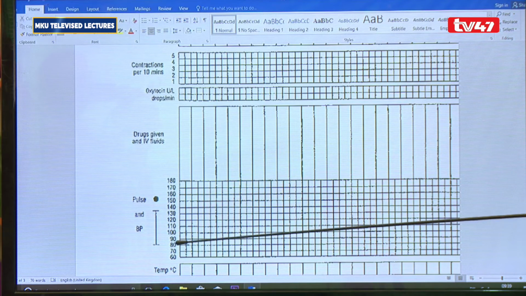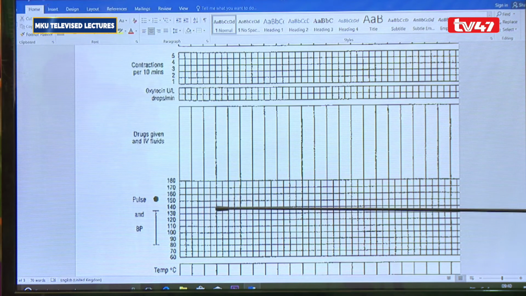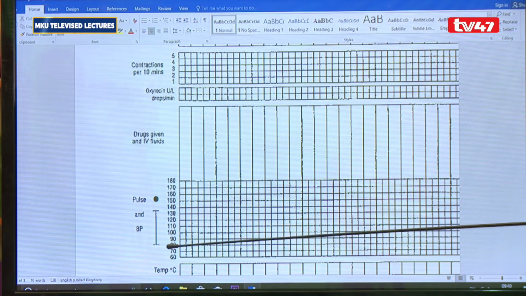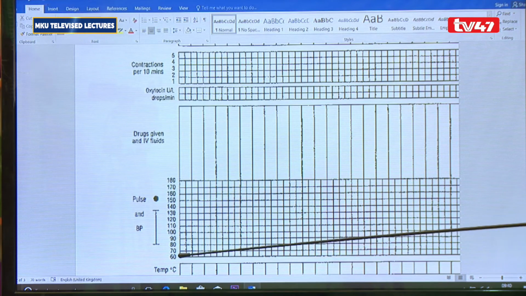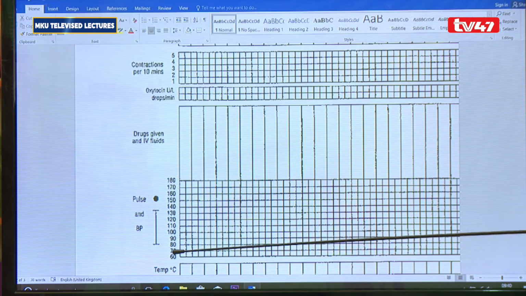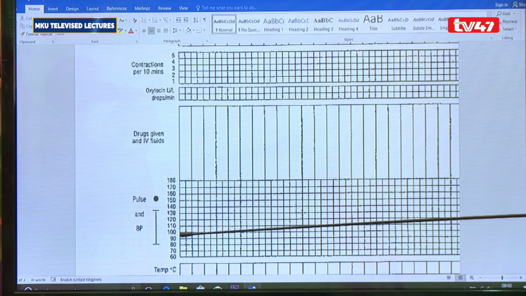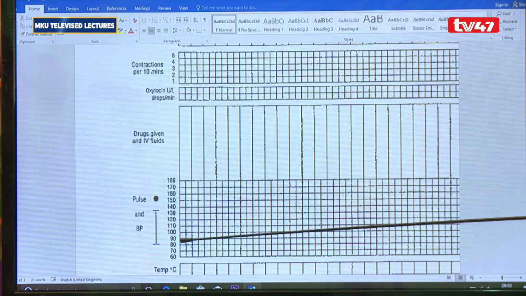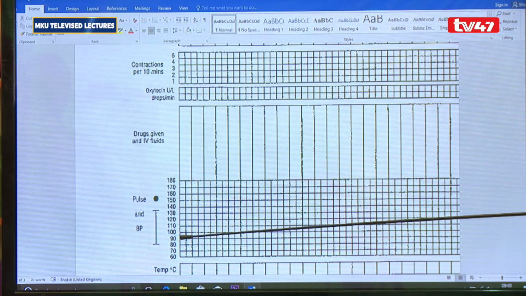So the pulse rate for the adult is different from the one for the fetus. As you can see, for the adult, 60 beats per minute is absolutely normal, depending on the age of the mother. Then it goes up to around 84 beats per minute.